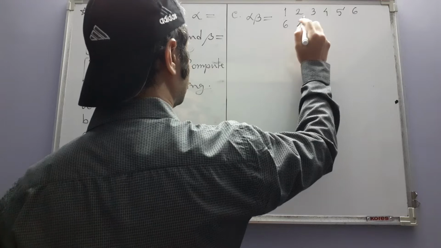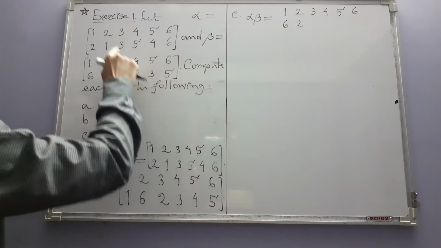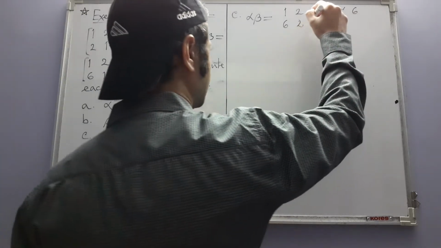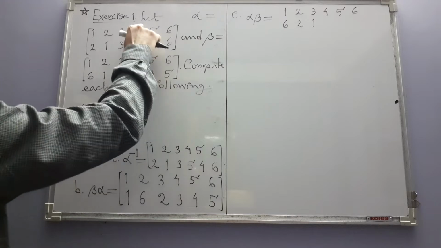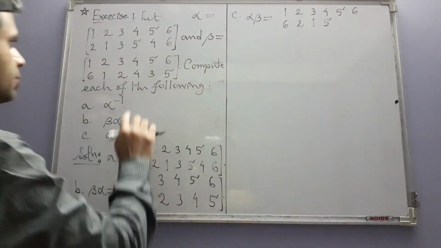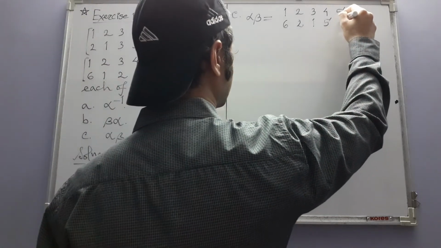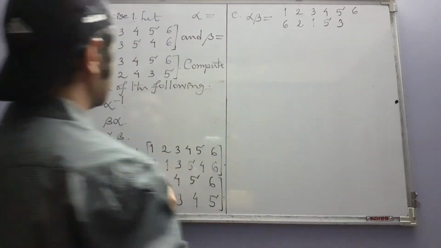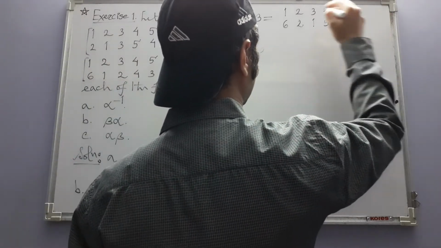So 2 is unchanged by alpha beta. 3 to 2, 2 to 1, so 3 to 1. 4 is unchanged, 4 goes to 5. 5 to 3, 3 is unchanged. 6 to 5, 5 to 4, so 6 to 4.